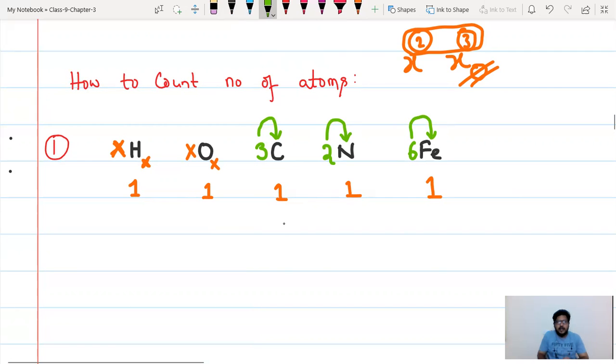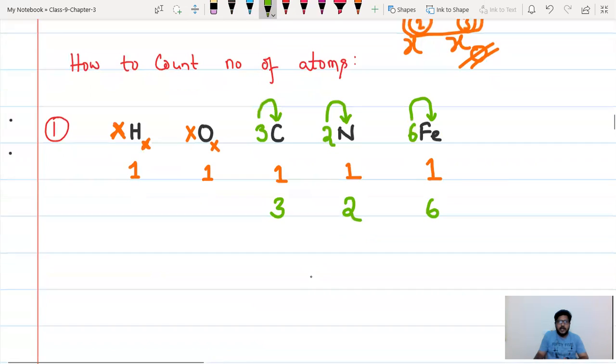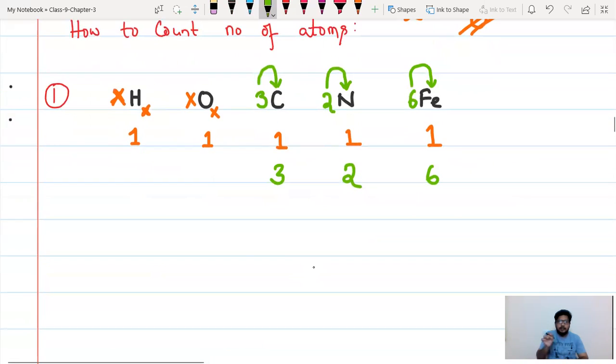Now if anyone asks how many carbons there are, you have to say there are 3 carbons, 2 nitrogens, and 6 irons. So what is the first variety? If you find any number in front of the atom, that total count should be given to that particular atom.